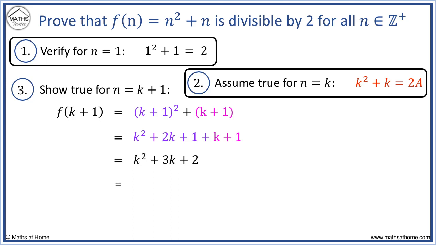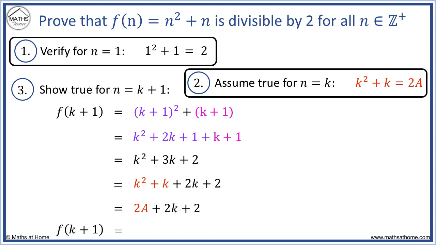Now we need to use our result from step 2 to help us see that it is divisible by 2. We split the 3k into k plus 2k to give us k squared plus k plus 2k plus 2. Now we can substitute k squared plus k for 2a using the step 2 result to get 2a plus 2k plus 2.